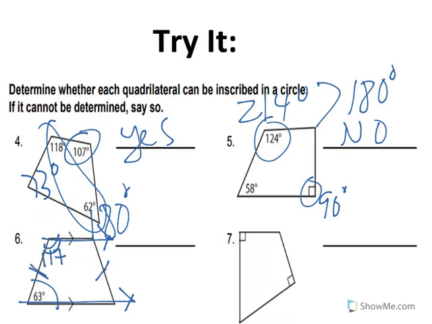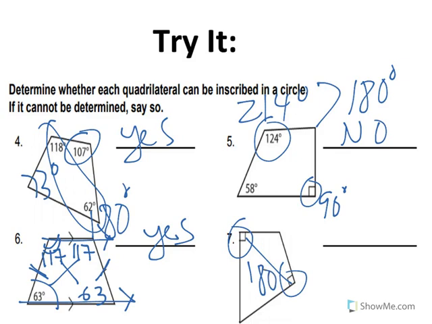And then these two are congruent, so this is also 63, and this is 117. So the sum of these two is 180, and the sum of these two is 180, so the answer is yes. Right, and for number 7, this is 90, that's 90, the sum of these two is 180, so the answer is yes.